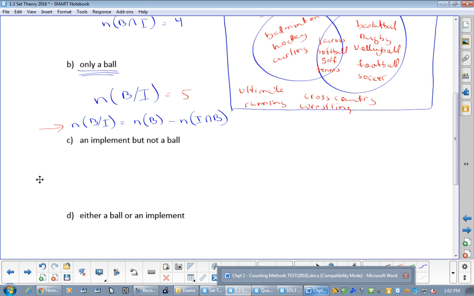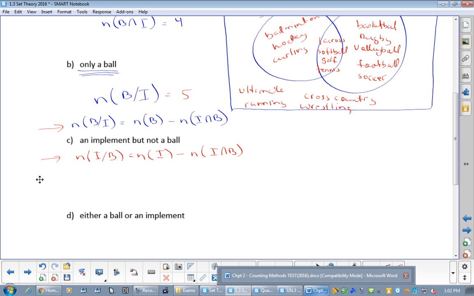Now, an implement, not ball. So I slash B. Now, that would equal, what would be the formula for this? Make it look like above. What would this equal? N of I minus N of I intersection B again, right?